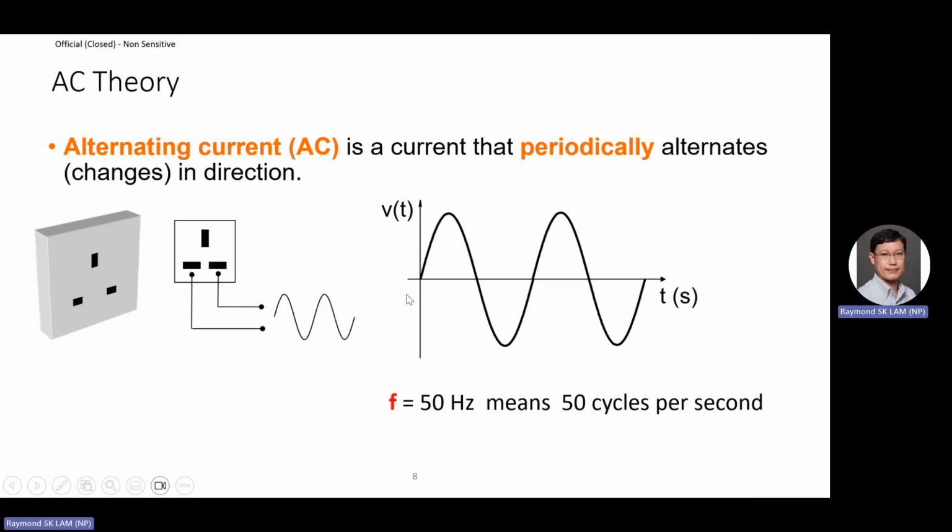If you look at the sine wave, from here until here is 1 cycle. Then this is another cycle. So in this waveform there are 2 cycles, and 50 hertz means 50 cycles per second, and it's represented using this letter F. It will be important for the calculation later. This F will be used in the calculation later.